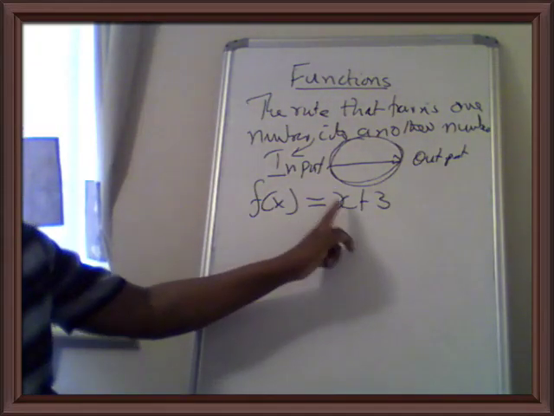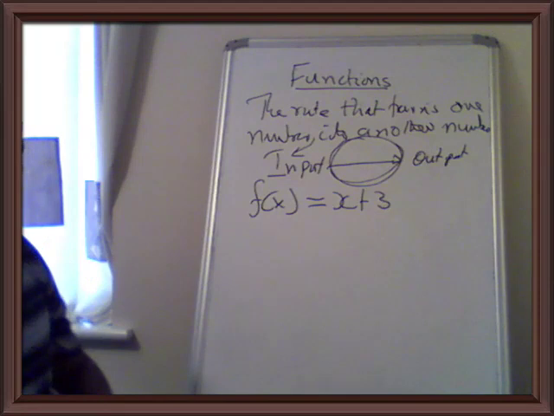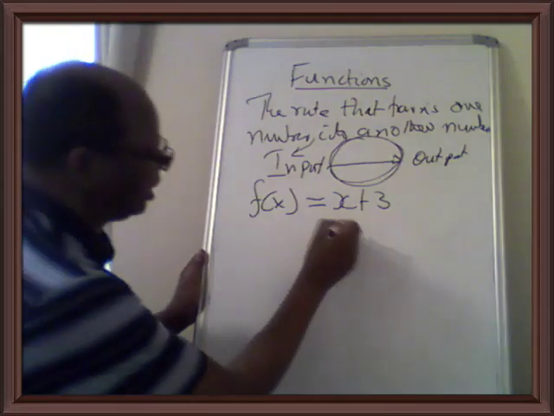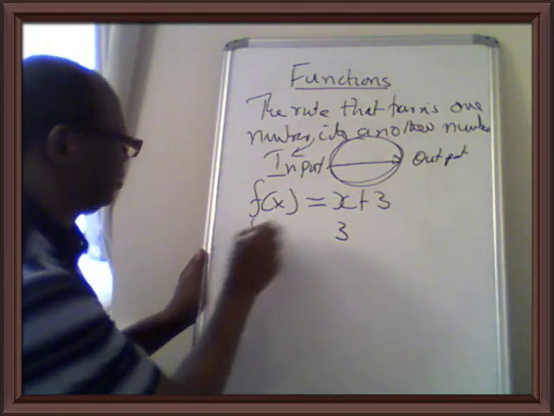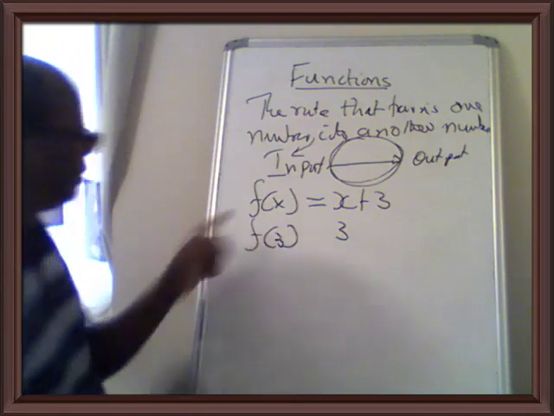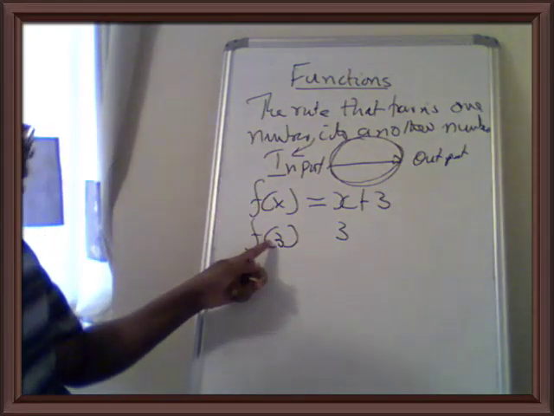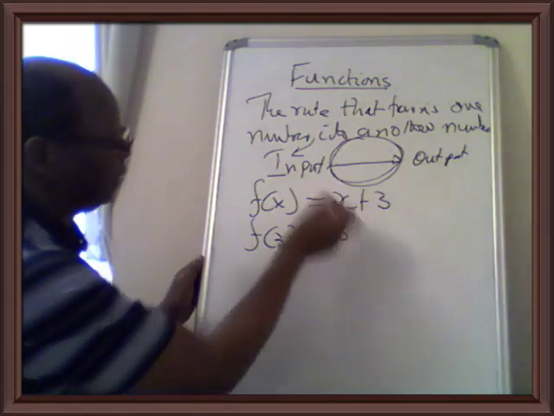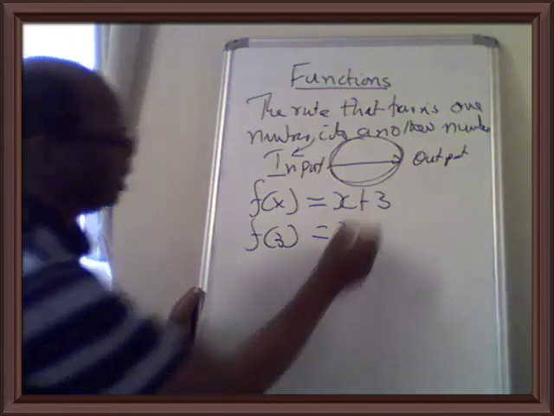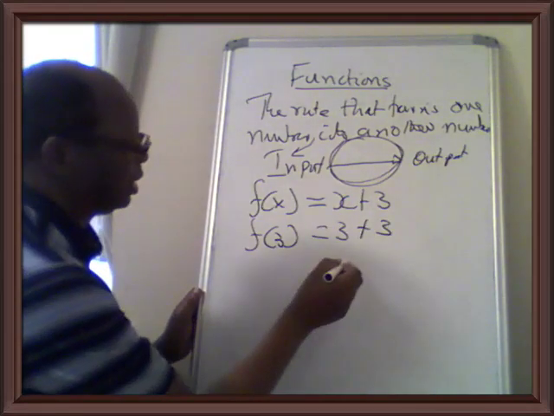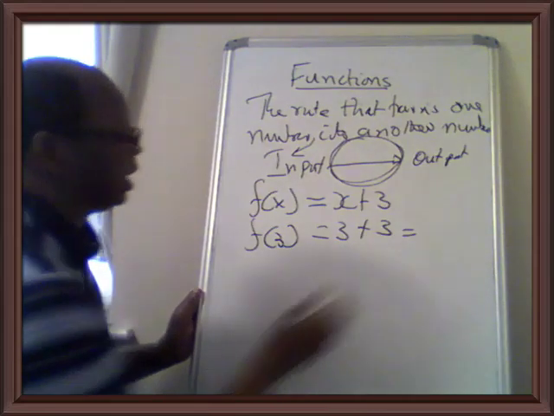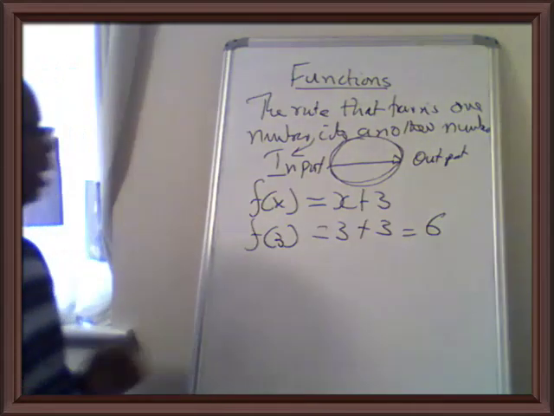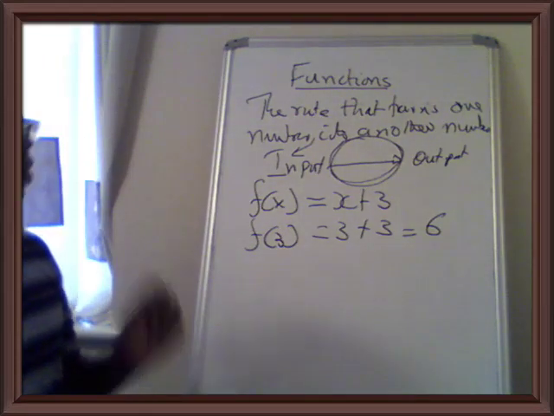So for example, if x is 3, then I'm going to put 3 here. So it's going to be f of 3, which means x is 3. Wherever there's x, I put 3, and then I add 3 to it. That will give me an output of 6. Okay, so this is what we learned.